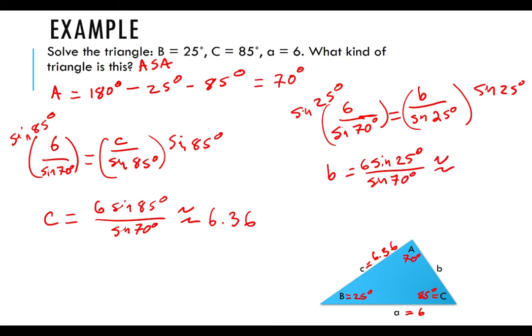If I round to 2 decimal places, I get approximately 2.698. 698 will round to 70, pushes the 9 up to 10, becomes 70. So B is 2.70 if we round to 2 decimal places. We found all the information for this triangle, and we're done.